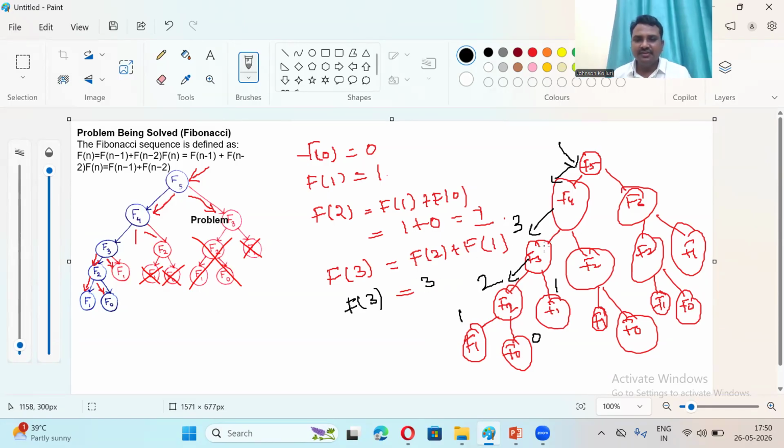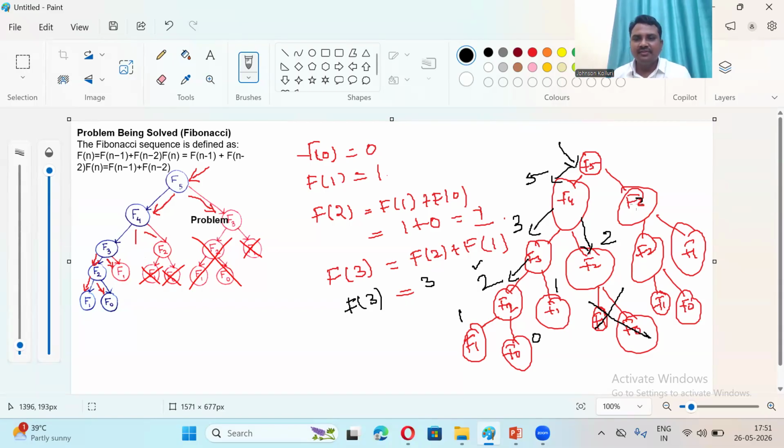Then next we need to calculate F4. If we want to calculate F4, we need F3 plus F2. Then it goes to F2. Here we already have the F2 value. No need to calculate F1 and F0. These steps will be reduced using the memoization concept. We already have the value, use that value 2. Now what is 3 plus 2? 5.